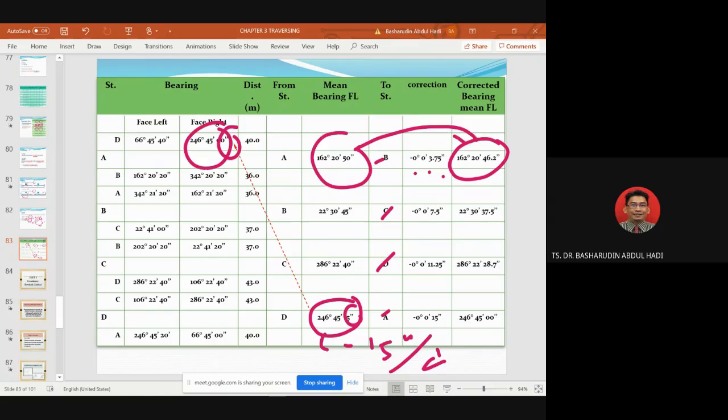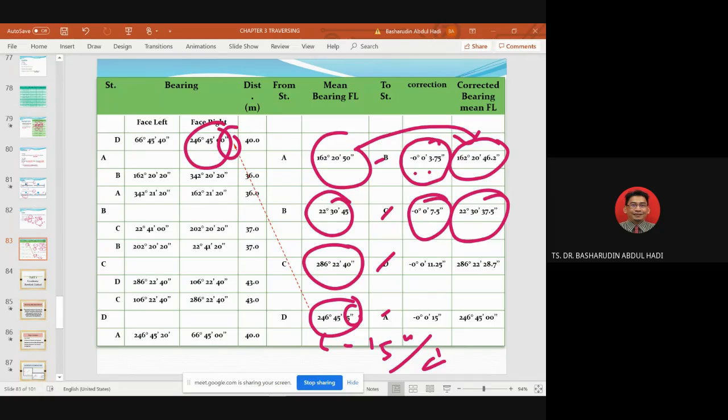So if you compare, you can get the differential as minus 0 degrees, 0 minutes, 3.75 seconds. Okay, for example, also we are doing some subtraction, so you get 22 degrees, 30 minutes, 37.5 seconds, and this one 286 degrees, 22 minutes, 40 seconds.